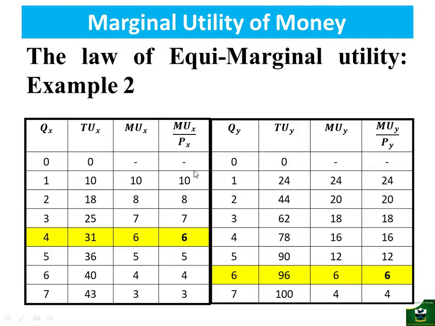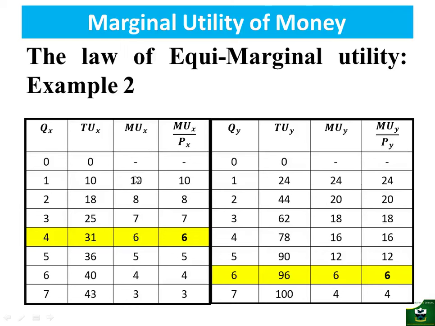So we had computed this table. So these are the marginal utilities that we got, and these are the corresponding marginal utility price ratios. So I'm sure you are now familiar with how we are getting these values, the marginal utilities, as well as the marginal utility to price ratio.